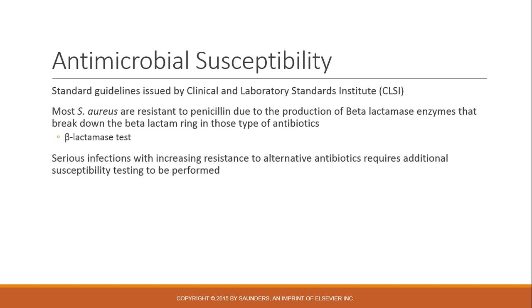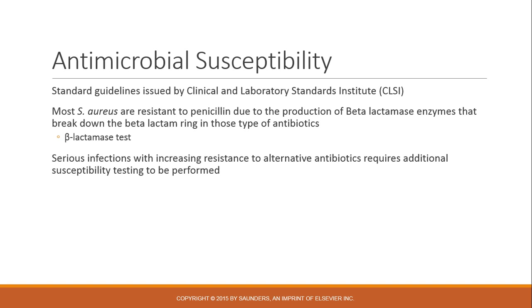So most Staph aureus organisms are resistant to penicillin because they produce this beta-lactamase enzyme. If you remember from our lecture last week, hopefully you listened to it, beta-lactamase breaks down the beta-lactam ring in those kinds of antibiotics. So penicillin, ampicillin, they all have a basic structure that is the same, and it's this beta-lactam ring.